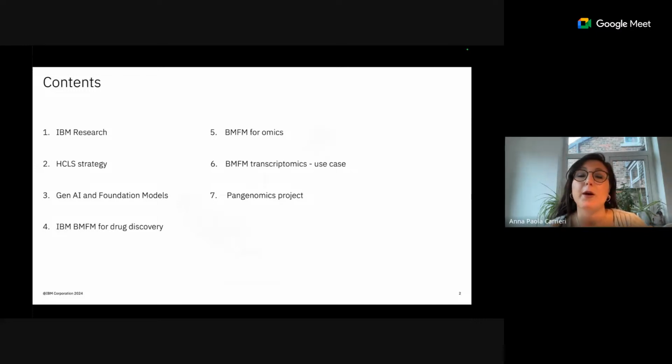Then I will talk about a specific case of how we can use foundation models for omics data, a use case for transcriptomics, and at the end, I will give a brief explanation of a pangenomics project that we are almost completing with one of our clients.